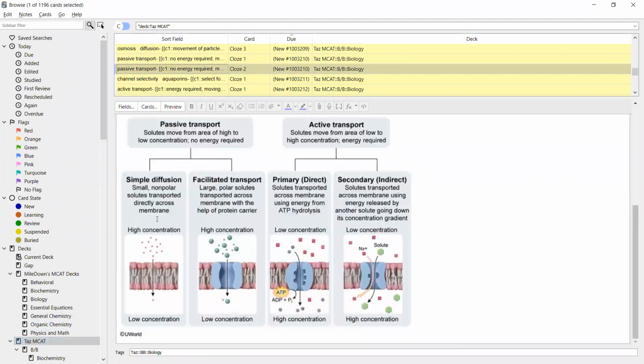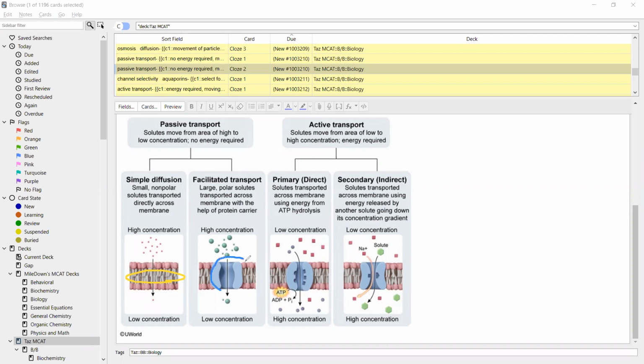Here, we said that non-polar solutes can transport directly across the membrane because of the non-polar bilayer. So if the molecule was polar, it would need a carrier protein.